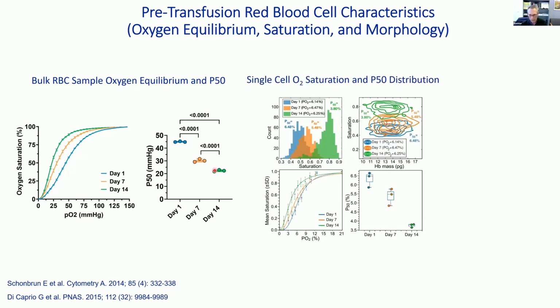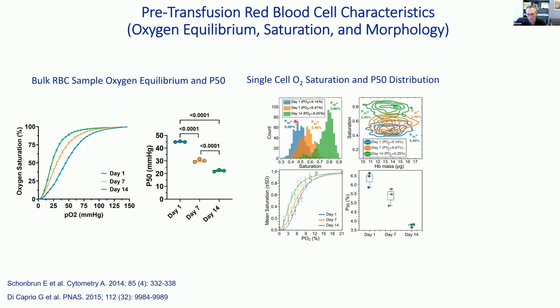What we're also looking at with a collaborator at Harvard, John Higgins, is how to break down within these bulk samples of red cells what the oxygen saturation is per mass of hemoglobin, to understand within the stored red cells what potentially has an optimal oxygen saturation and what doesn't, and what can bind oxygen appropriately and what can't.